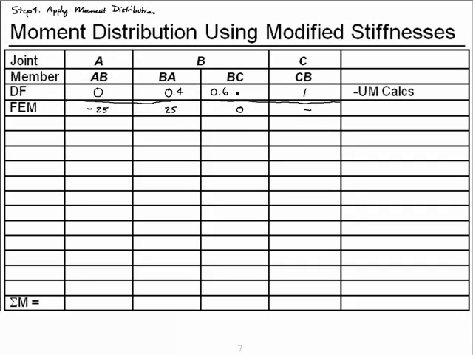We're using modified stiffness for BC, and there'll be no carryover from node B toward node C. So now we're ready to release a node. There's no need for me to release node A because the distribution factor is 0. Nothing ever comes back into this node, or comes back into member AB at this node, and therefore there's no other carryover to the other end, etc. So let's release B.